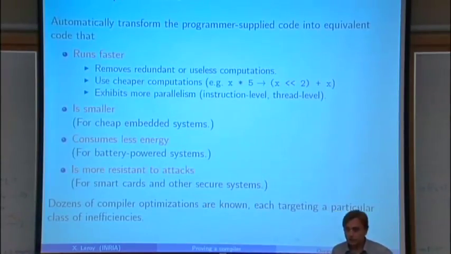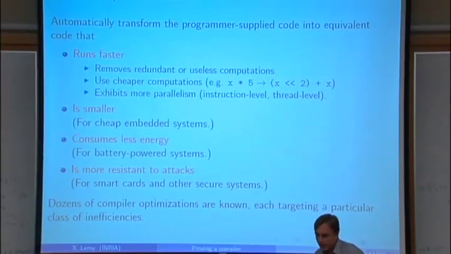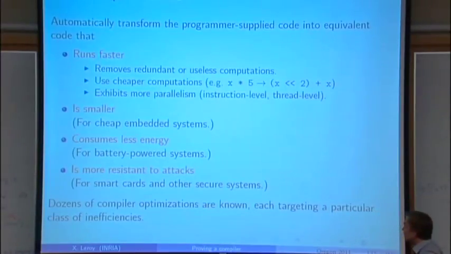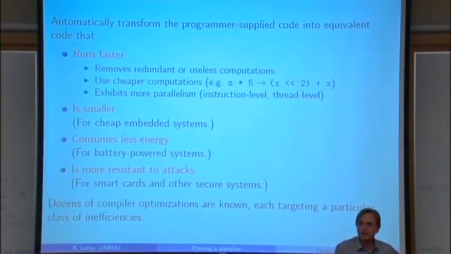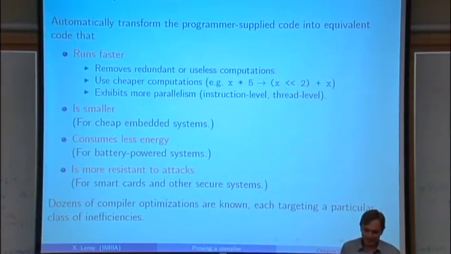Also, code could run faster because it exhibits more parallelism, either at the level of instructions or even threads. But for other devices, you may have other objectives for optimization. Maybe you want smaller code for cheap embedded systems like smart cards or RFIDs, where memory is at a premium, and if you can shave 1 kilobyte of code, maybe you will improve your profit by 1 cent and sell millions more.